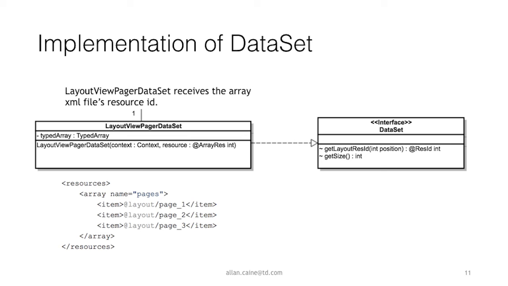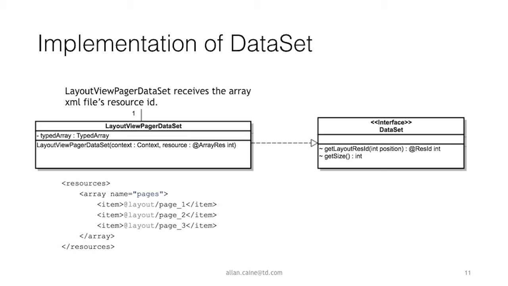We can just think of it abstractly as being, in this case, an array of integers. And because it's an array of integers, it knows the length and it knows the integer value at any particular index. And that's basically, in very short form, how it implements these two methods.